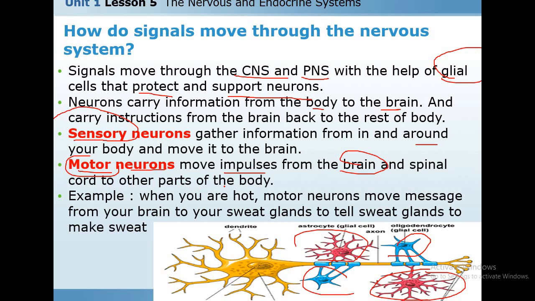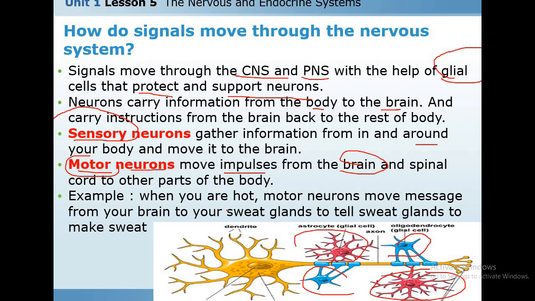So sensory neurons carry information from your body to the brain, while motor neurons do the reverse, carrying impulses or electric energy from the brain or spinal cord to the other parts of the body.